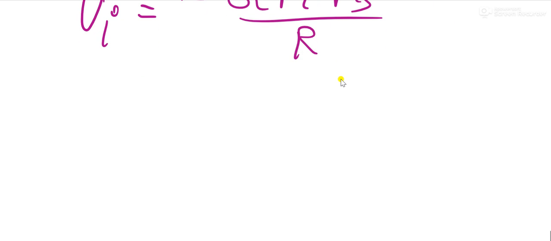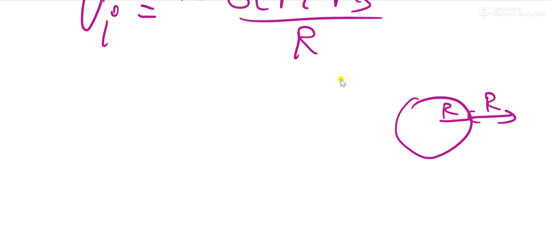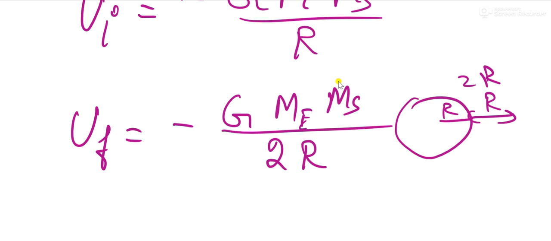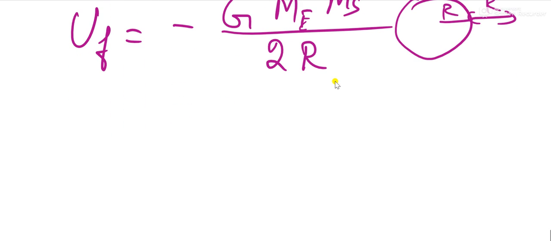And finally at the height, the distance is the radius of the earth plus the height, which is also the radius of the earth, so two times the radius. So the final energy is minus G times mass of the earth, mass of the satellite, divided by 2R. Now they asked how much change in energy is required to move from the surface to another place.